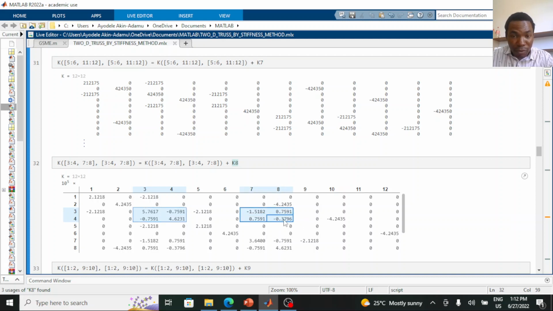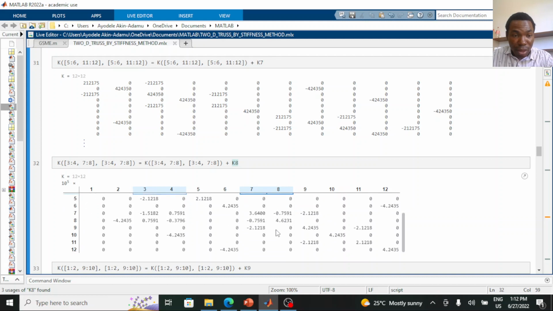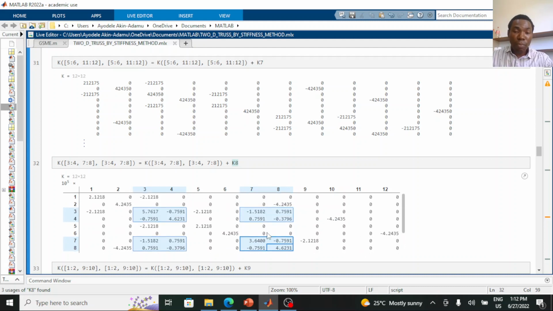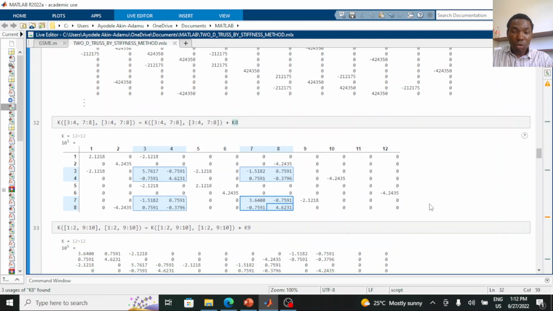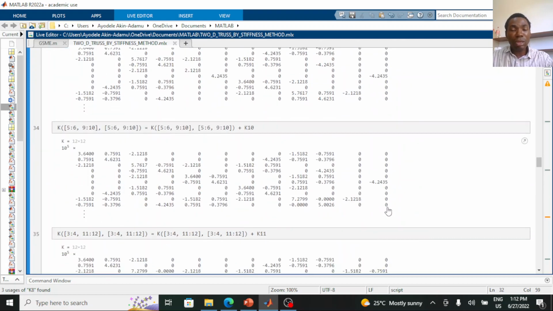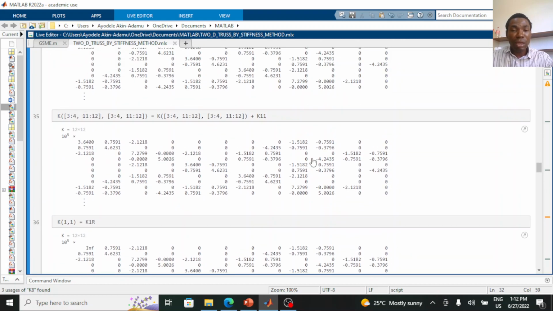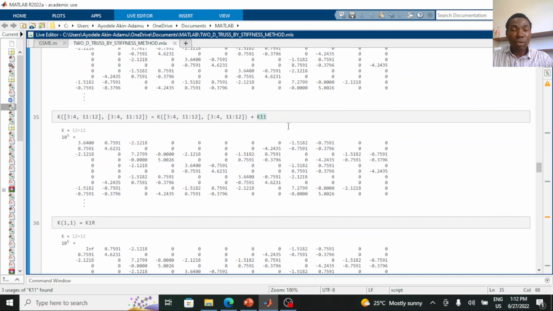This is another part of it: 7, 8, 7, 8. And this one: 7, 8, 3, 4. So these are the components of the K8 matrix added to the base matrix. We do this for all the components till we get to the last local stiffness matrix, which is K11.